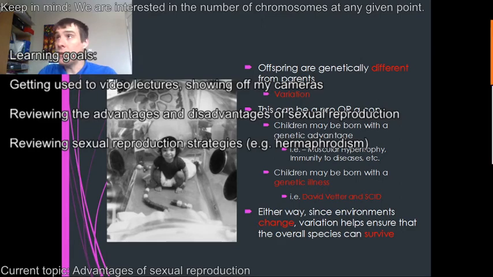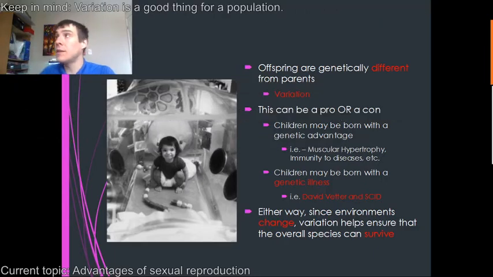So keep in mind then that variation is a good thing for a population. Why is variation a good thing for a population? Well, it means that natural selection can act on that varied population. It means that the fittest will survive, will pass on those good genes. So sexual reproduction allows those good genes to proliferate a lot faster than asexual reproduction.